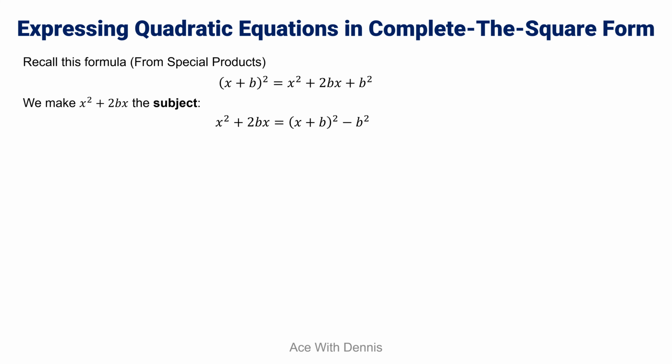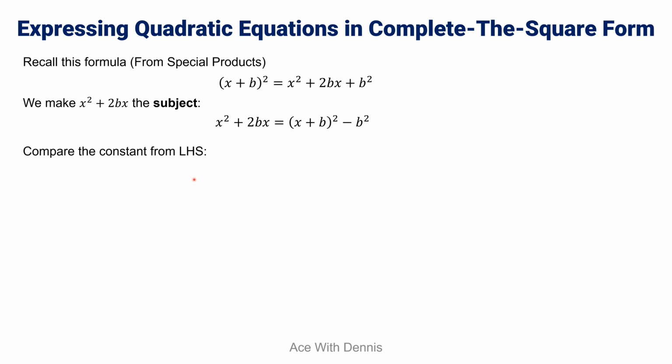Hence, the equation becomes x squared plus 2bx equals (x plus b) squared minus b squared. If you ask me how to get this equation, from the original equation we just move the plus b squared to the left hand side. So plus becomes minus, and the term x squared plus 2bx will be the subject. It will be x squared plus 2bx equals (x plus b) squared minus b squared.